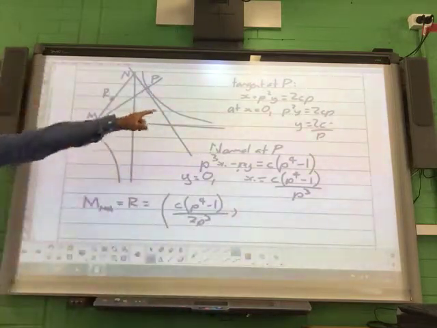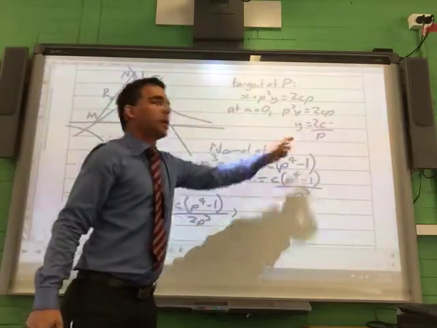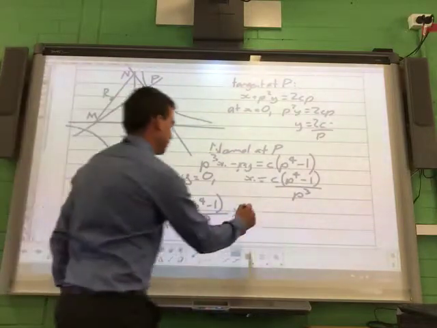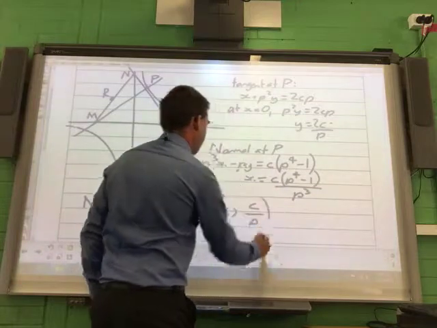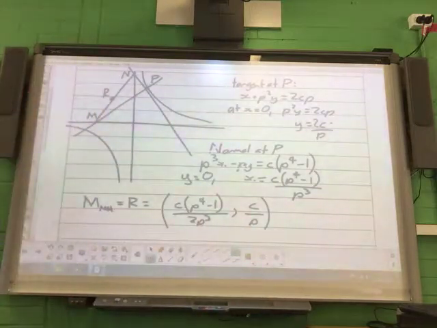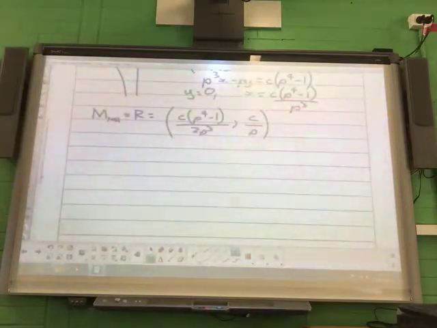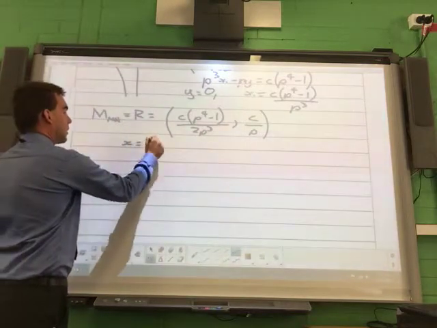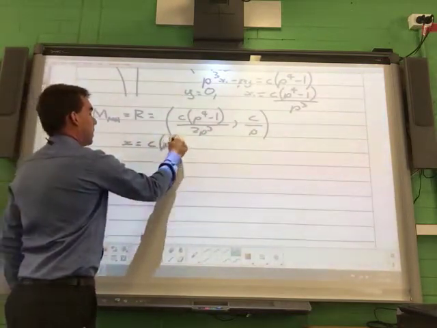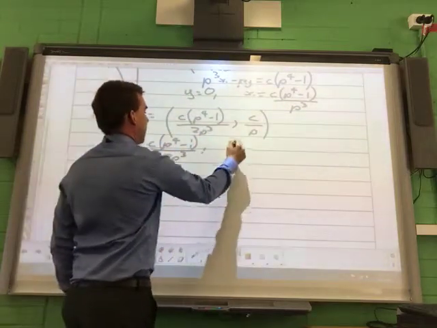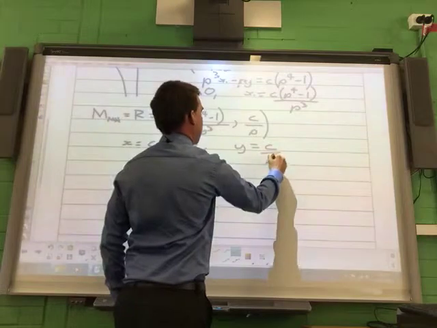And the y value is going to be 2c over p plus 0, divided by 2, so c over p. So for the point R, the x value is c, p to the power of 4 take away 1 over 2p cubed, and the y value is c over p.